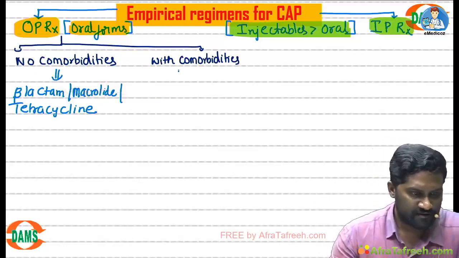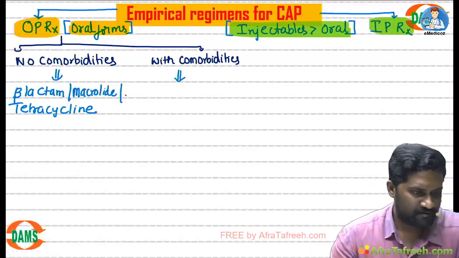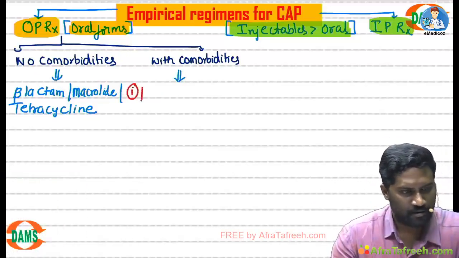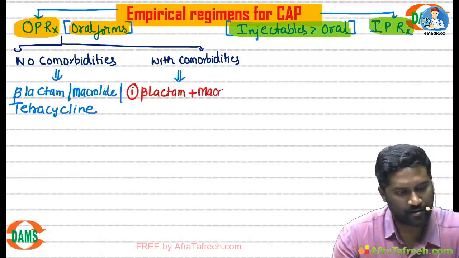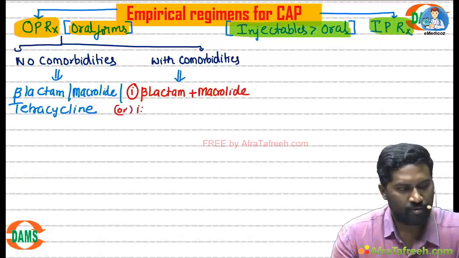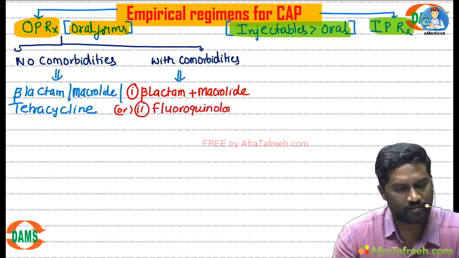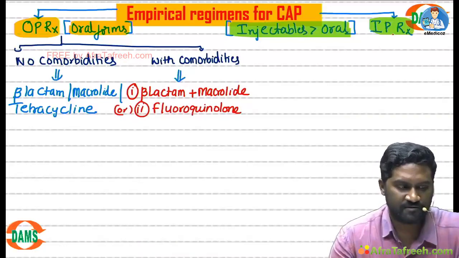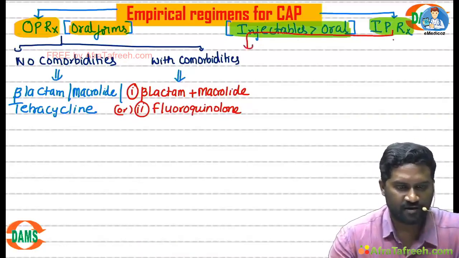Now, if the patient is having comorbidities, the first choice will be a combination of beta-lactam with macrolide, or monotherapy with fluoroquinolone. Now, if the patient is admitted in the hospital, where exactly?